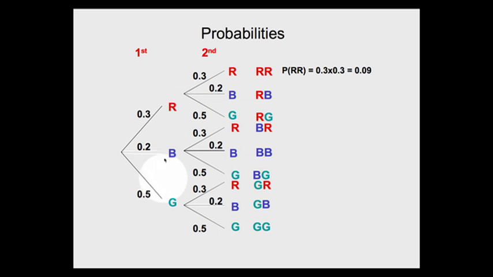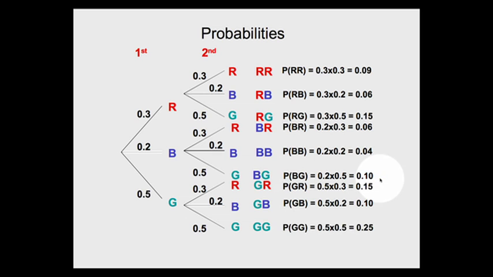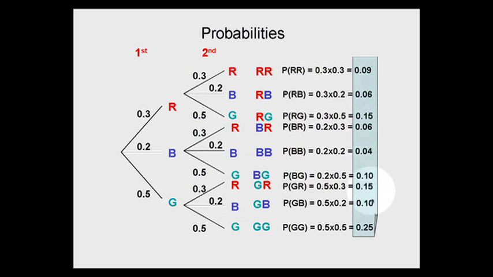These must add up to a whole one: 0.3 plus 0.2 is 0.5, 0.5 plus 0.5 equals 1. And going across, we multiply. So going down, we add. Going across, we multiply. And again, they all should add up to 1.